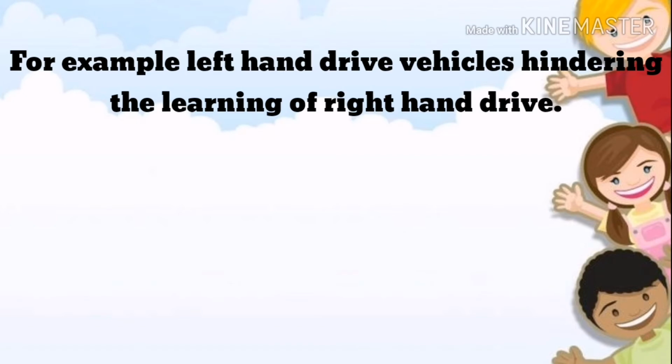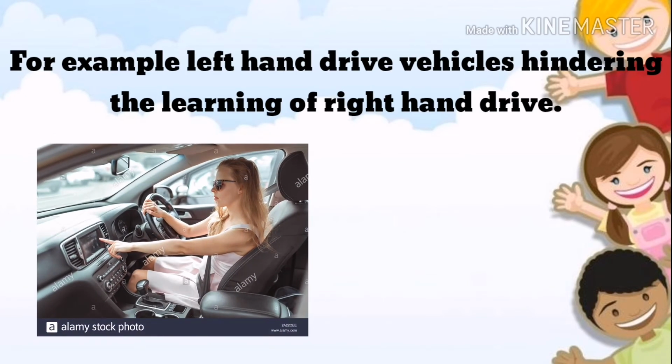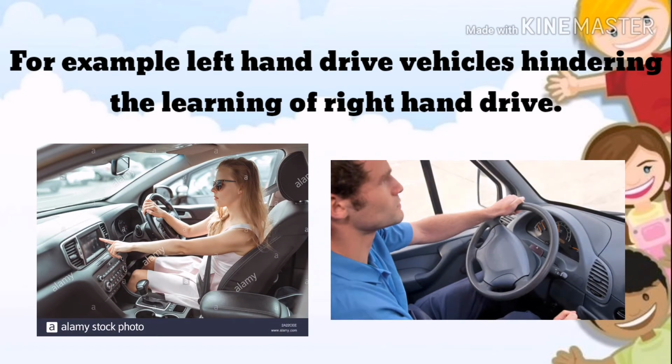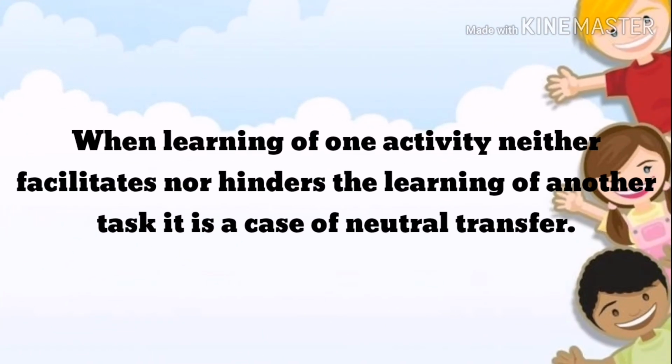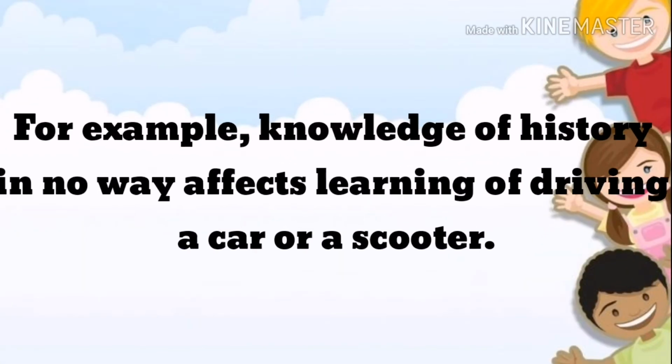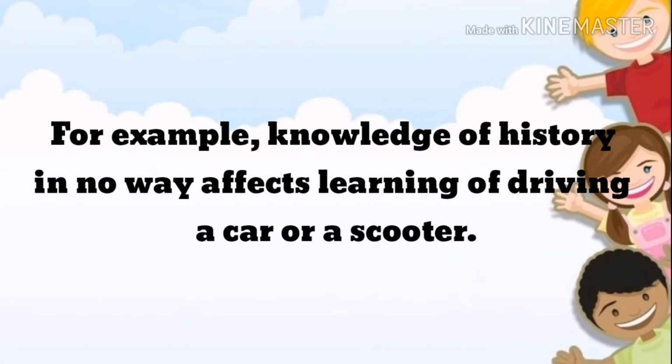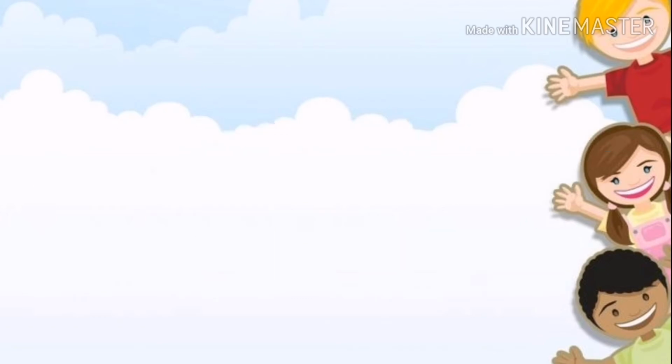For example, left-hand drive vehicles hindering the learning of right-hand drive. When learning of one activity neither facilitates nor hinders the learning of another task, it is a case of neutral transfer. For example, knowledge of history in no way affects learning of driving a car or a scooter.